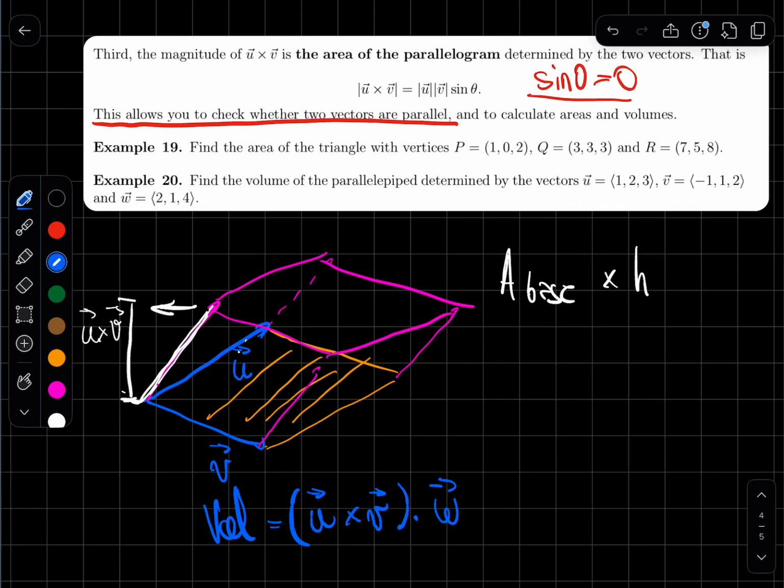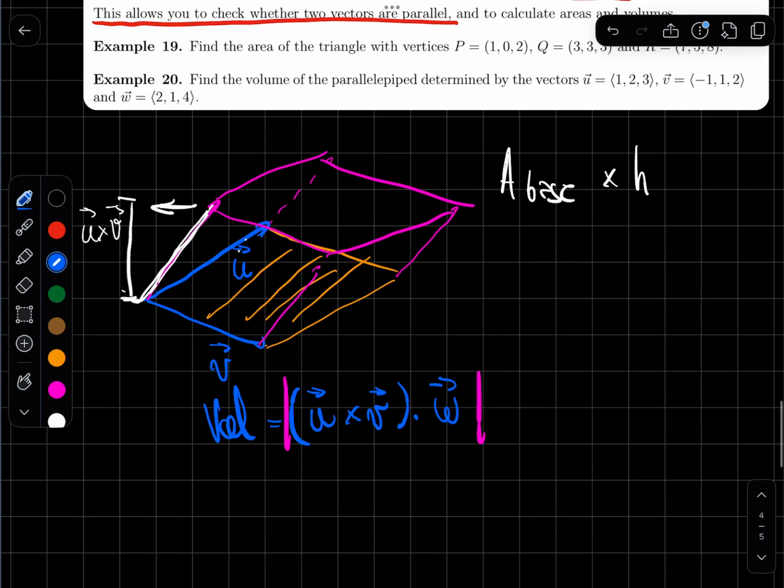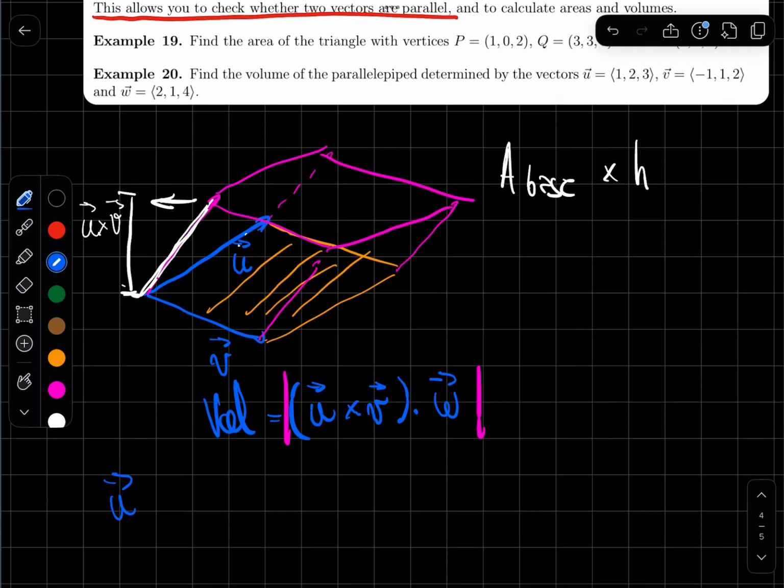It is what your answer is going to be. I'll take absolute values because I don't really care whether this thing is positive or negative. So that's all I'm going to do. Do a cross product first. I'm going to do u cross v.